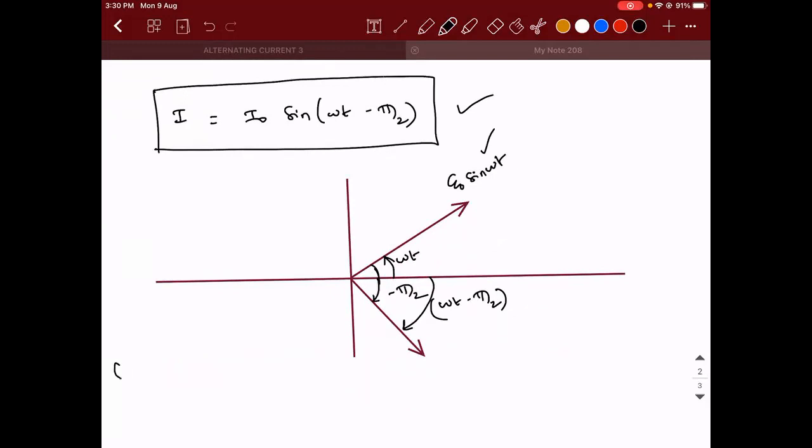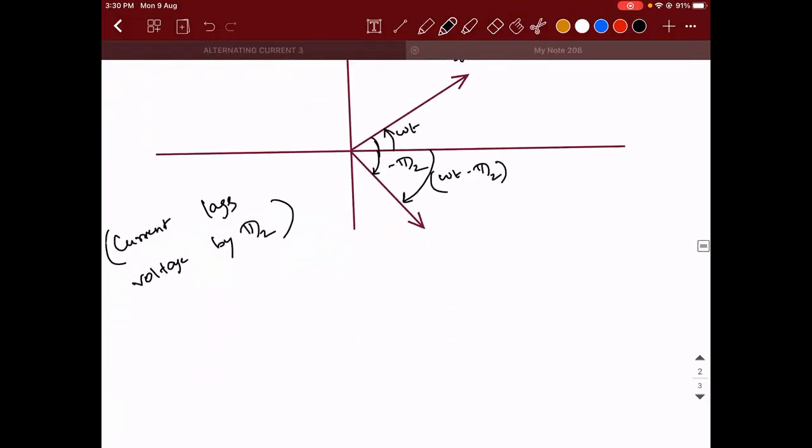So in this case, current lags the voltage by pi by 2, or I can say the voltage leads current by pi by 2.